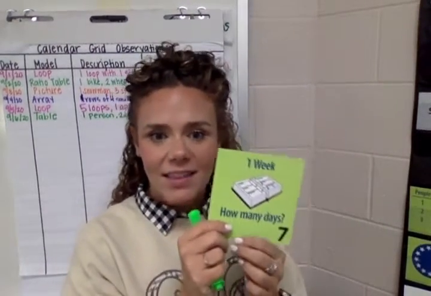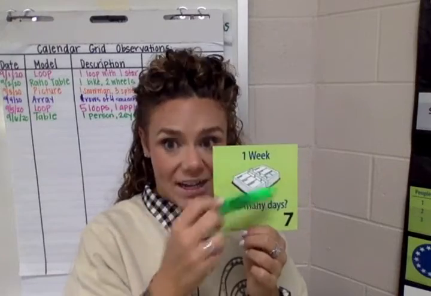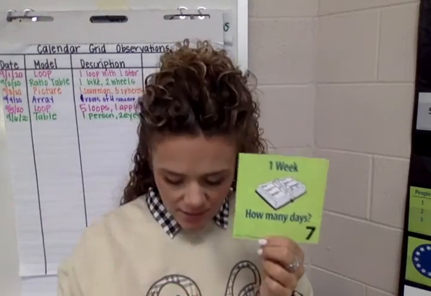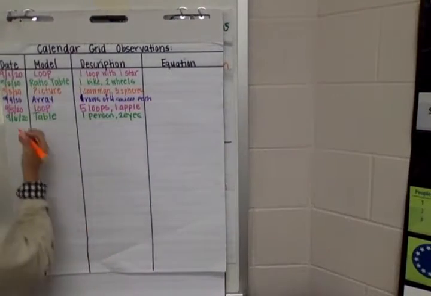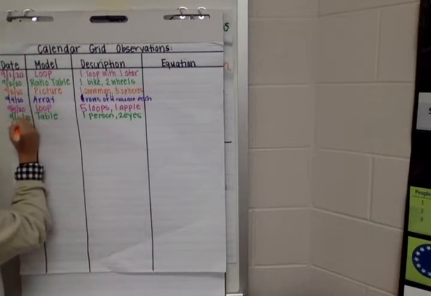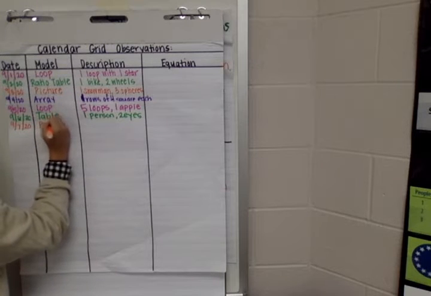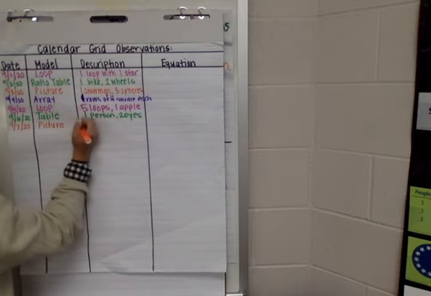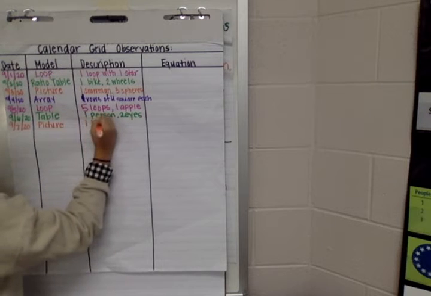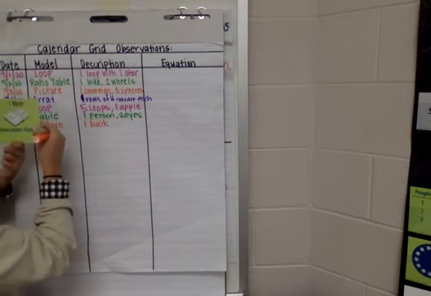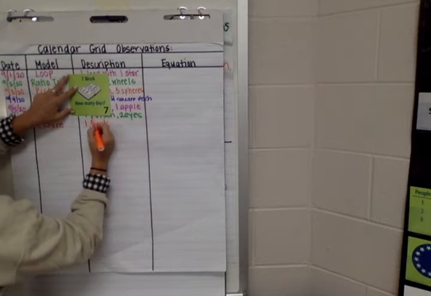Monday the 7th, we had a picture. We had 1 week, 7 days. Let's add that on there. Oh, I should say 1 week.